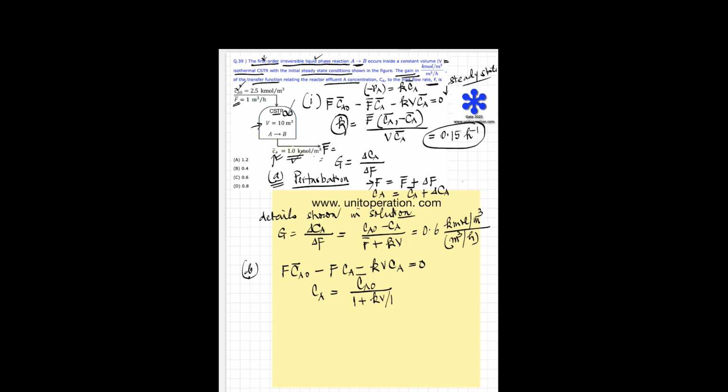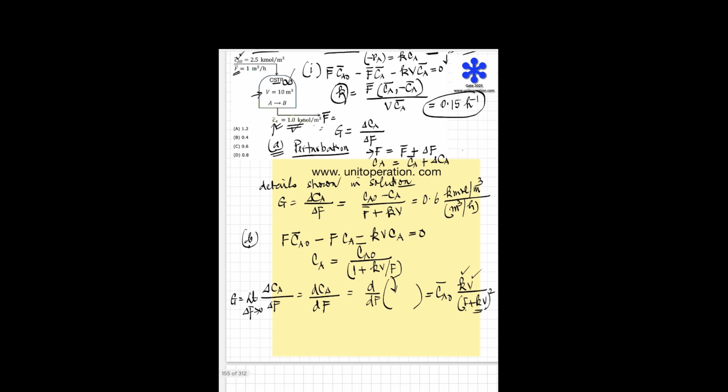It's done in a slightly different way. So delta C_A over delta F, which is my G, if I take the limit of delta F tending to 0, would be equal to the derivative of this expression, and that becomes equal to C̄_A0 k V over (F plus k V) whole square.